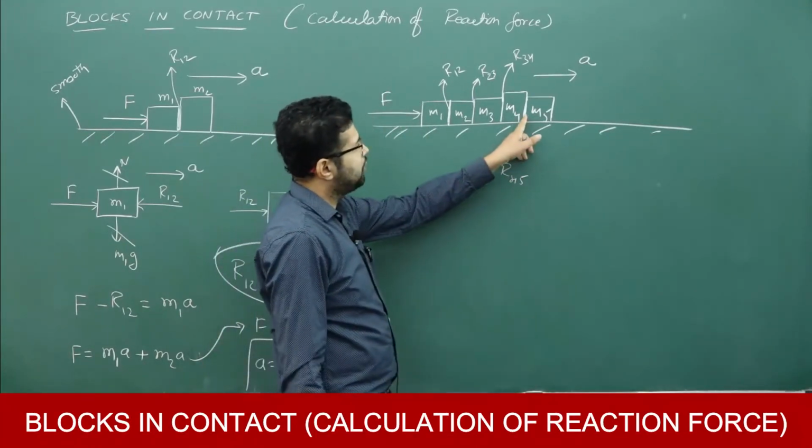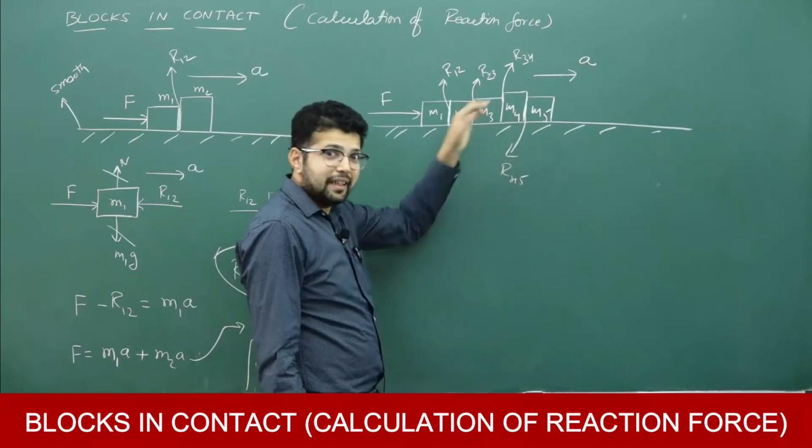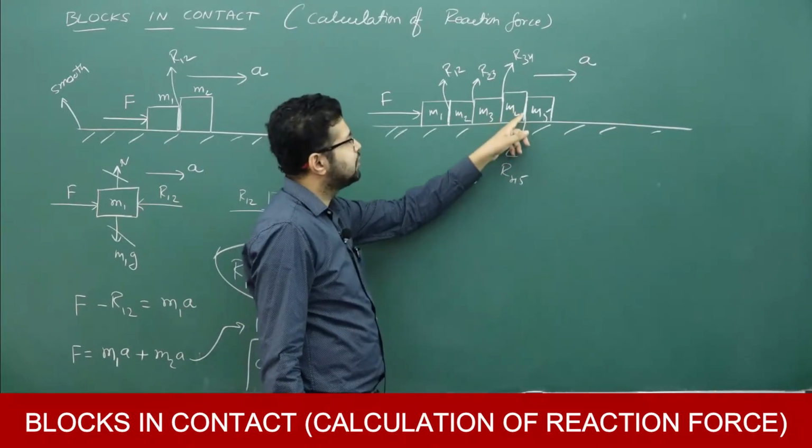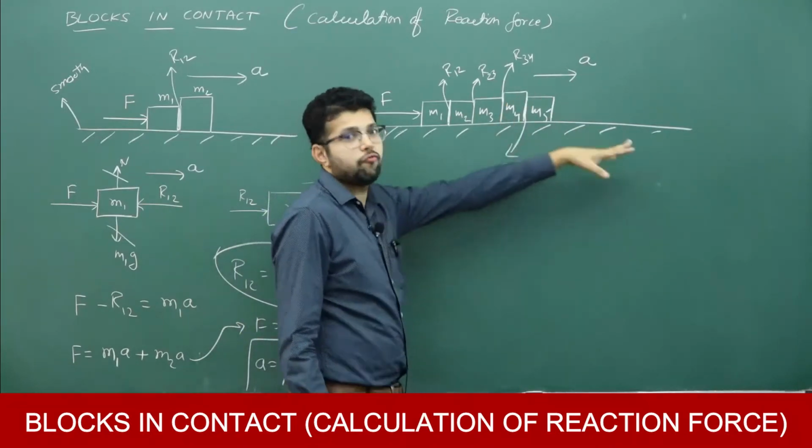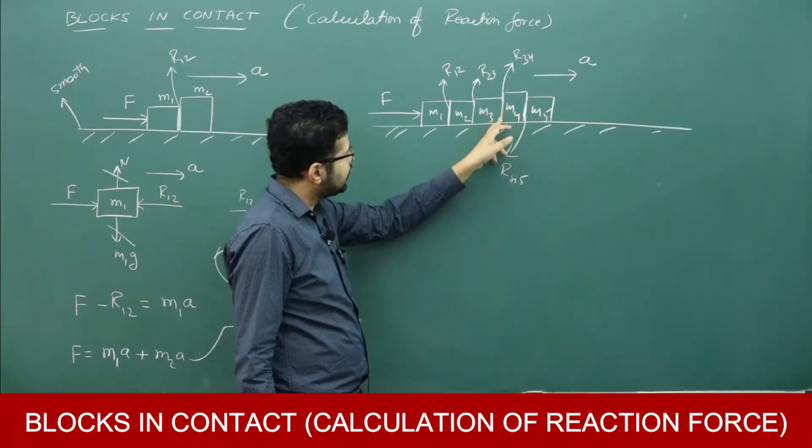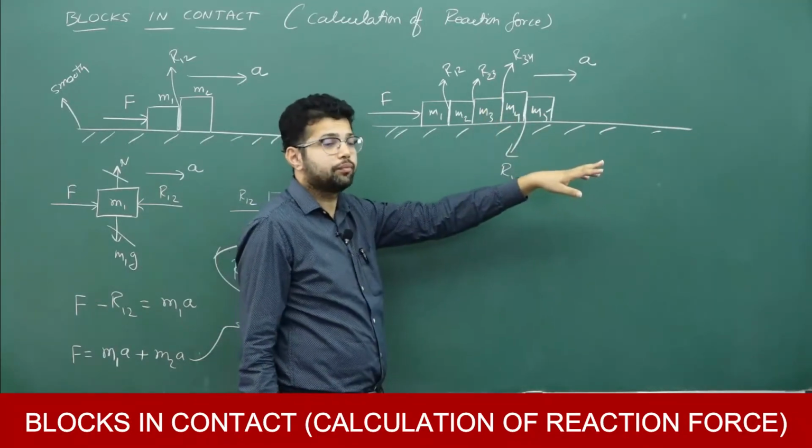The reaction force developed here is smallest, because it has to push only M5. This reaction force has to push both M4 and M5.